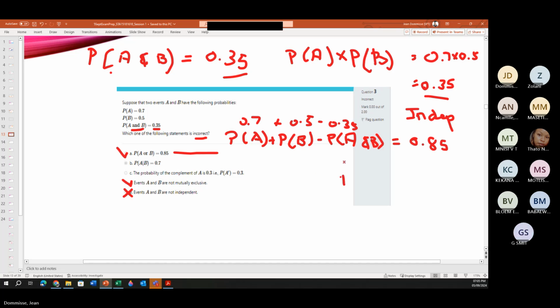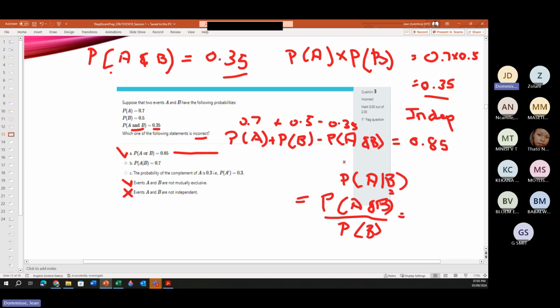Probability of A given B. How I always remember this is that it's the probability of the two, so A and B, divided by the probability of the second one.